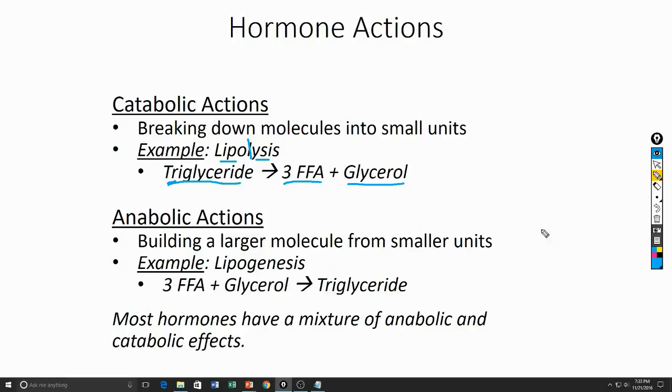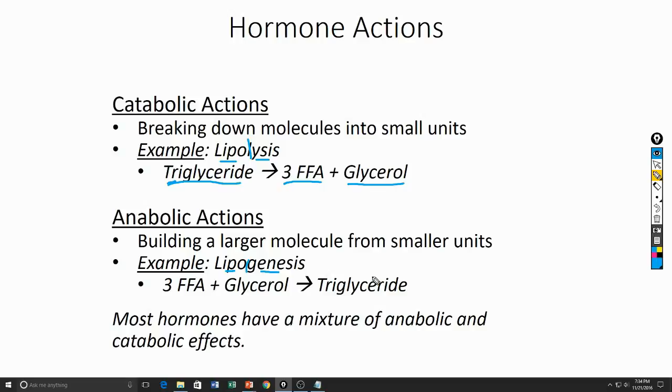All right, and then an anabolic action, by the same token, is not necessarily just speaking of muscle, although there are proteins, of course, that stimulate building of muscle and breakdown of muscle. It can be anything that takes smaller units and creates a bigger unit out of it. So in this case, let's take lipogenesis. Same deal. Lipo dealing with fats, genesis being creation of.